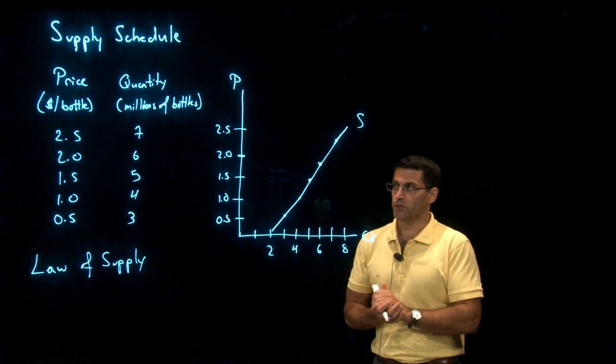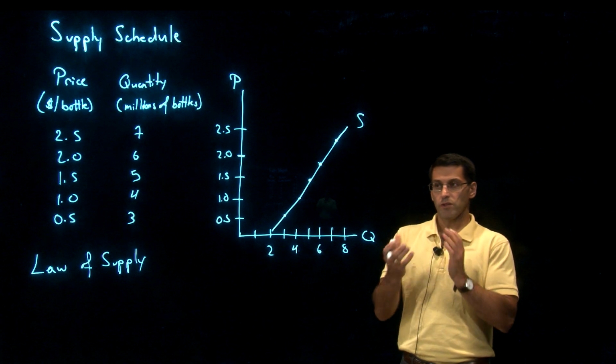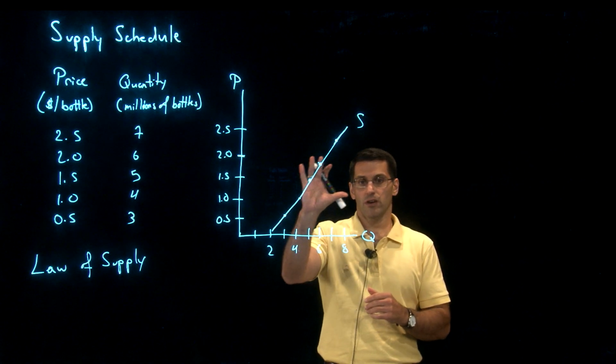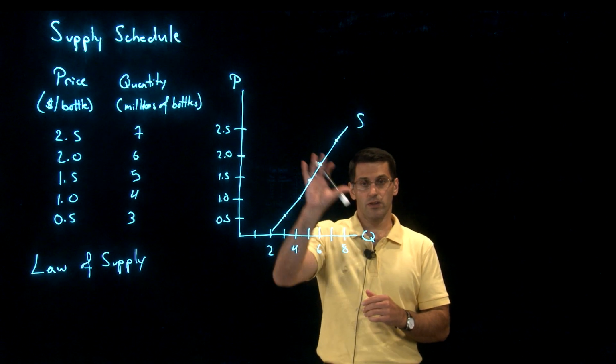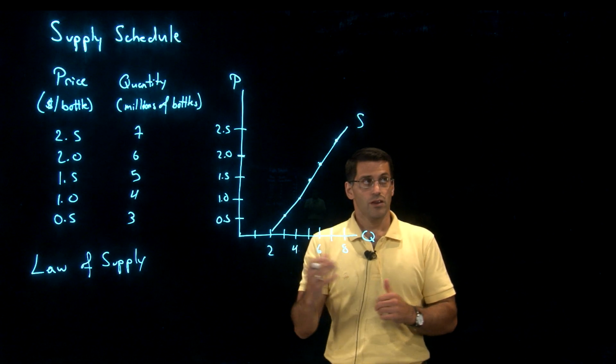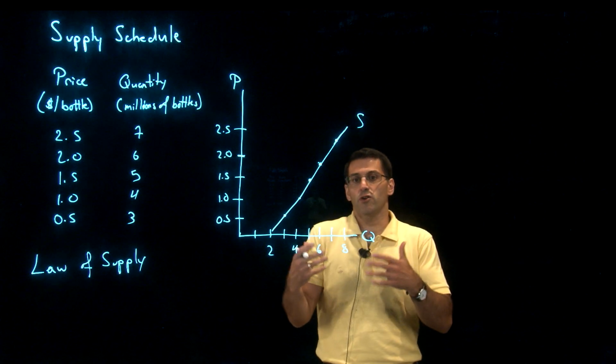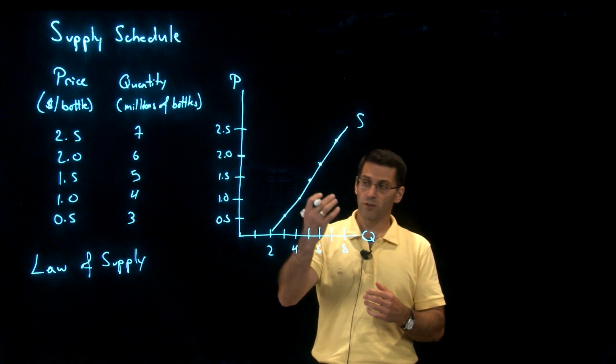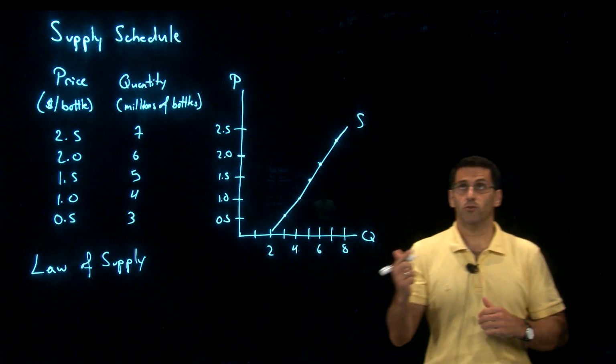And just as we did when we talked about demand, we want to think about, well, what affects the position of the supply curve in our graph here. Right? And so just as we have before, we have these ceteris paribus conditions, all of these other factors that affect the position of the supply curve. So what might those be?